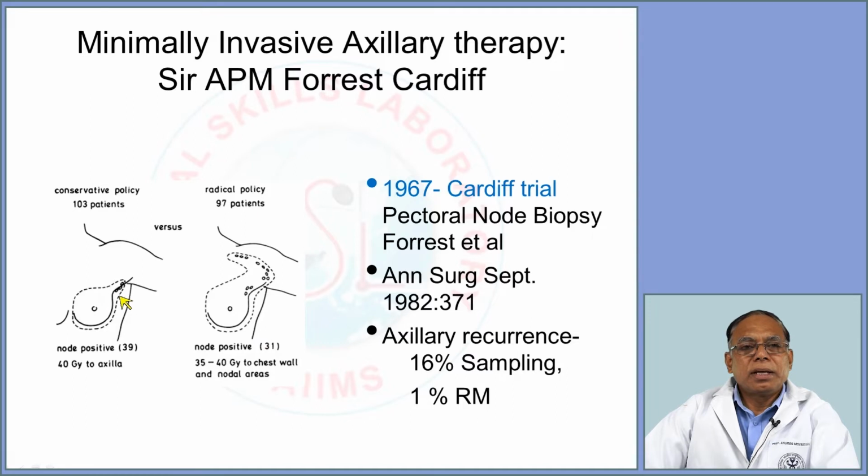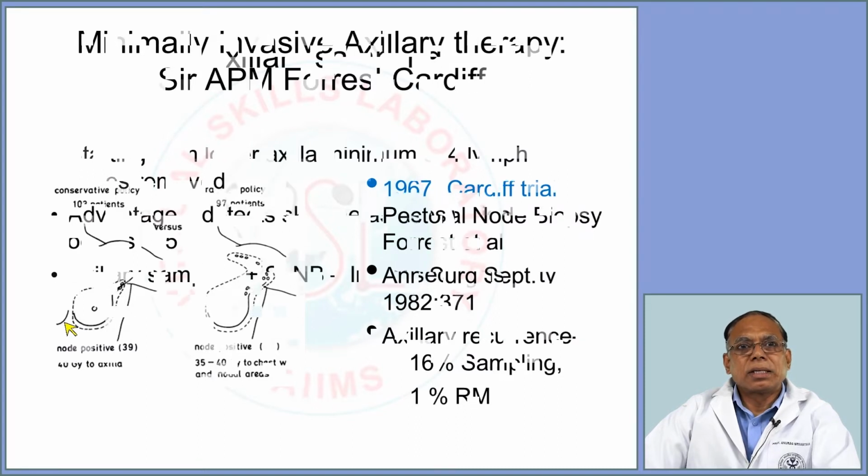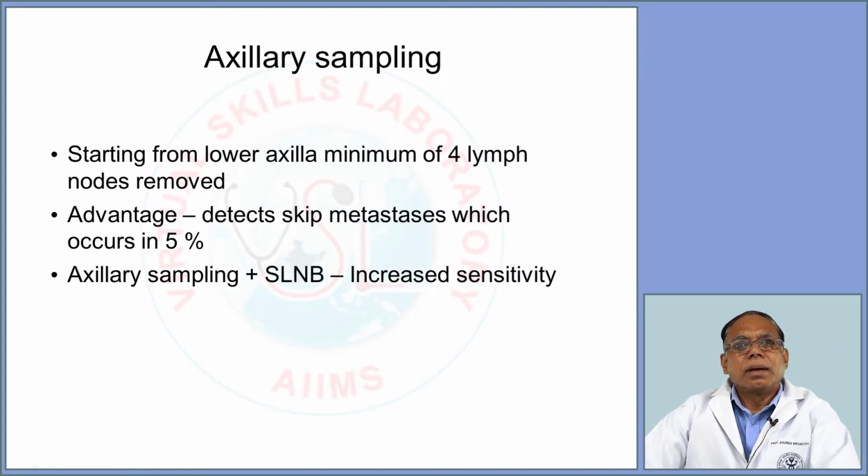In this study, they performed the mastectomy and a small incision dissection in the axilla, removing 4 nodes from the lower part of the axilla, called the pectoral node biopsy. So this is perhaps the beginning of the minimal access approach to evaluating the axilla in women who had clinically negative axilla. And 4 nodes were removed starting from the lower part of the axilla. The advantage is that skip metastasis in axilla is very low, in the tune of 5% or so.